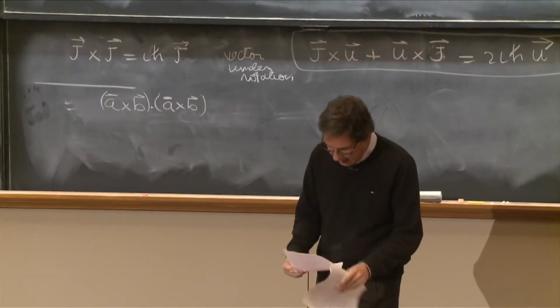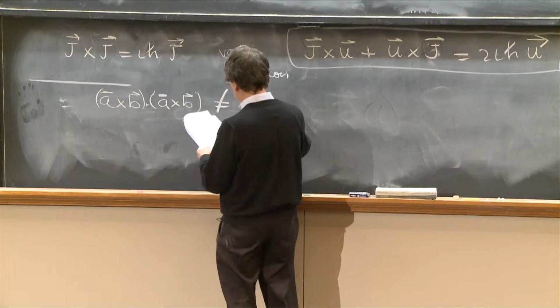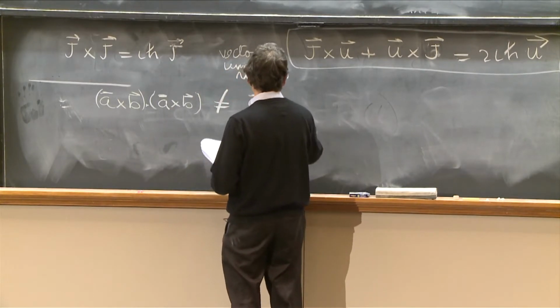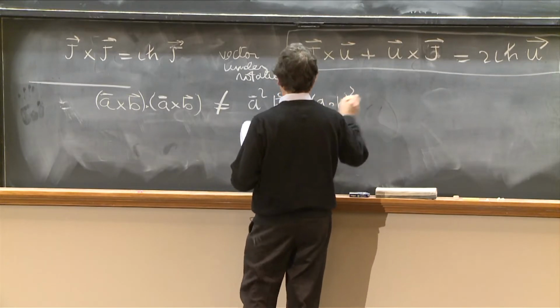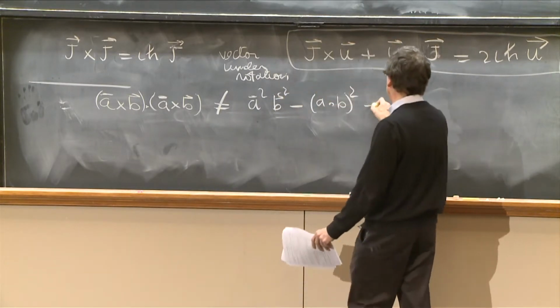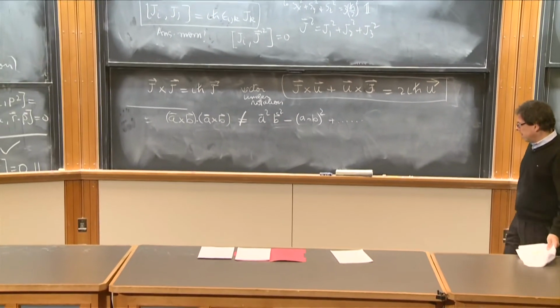Actually, the classical formula is A squared B squared minus A dot B squared, but for operators it's actually equal to this plus a few more things.